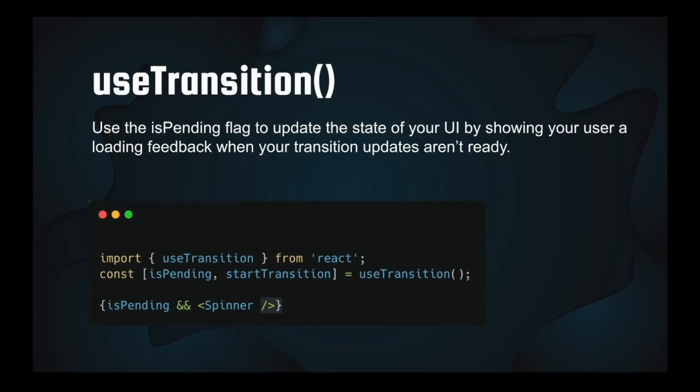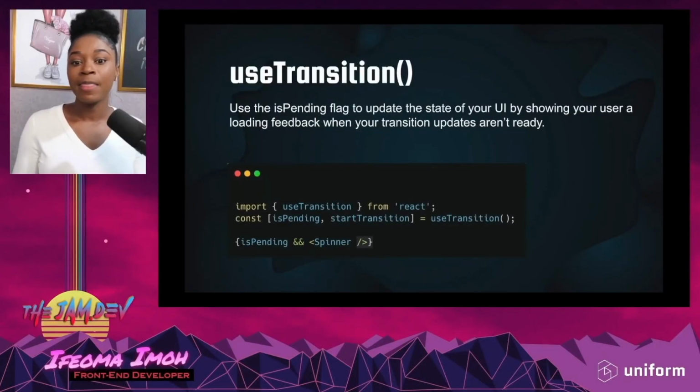Whenever an update wrapped in a transition is rendering, the value of isPending will be set to true. So you can use this flag to reflect that something is happening in the background, or that the search result in our case is taking some time, or that it isn't ready. You can reflect that by maybe dimming the result or showing a spinner while the user waits for the result, which is really, really cool.